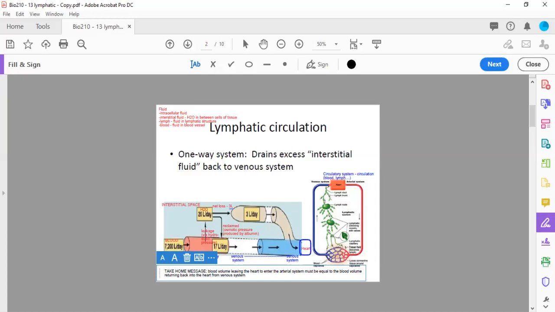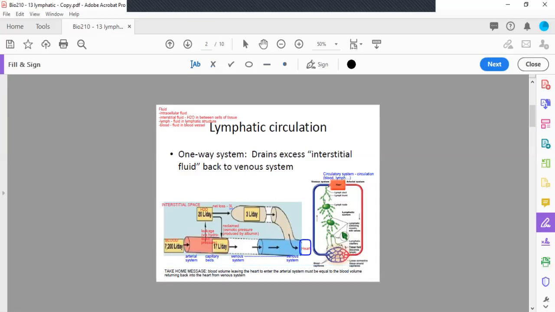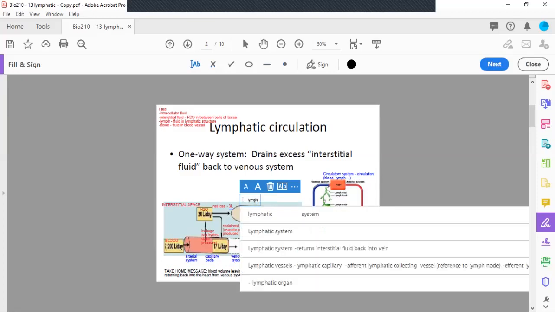So let's talk about how this is possible. The lymphatic circulation is the primary mechanism used to maintain this volume as it goes back into the vein.